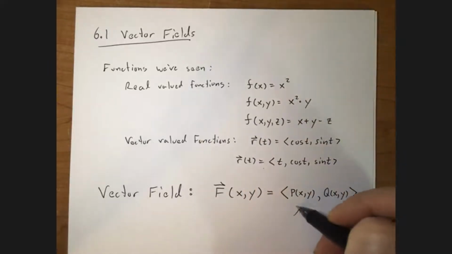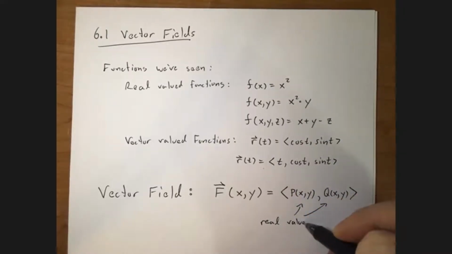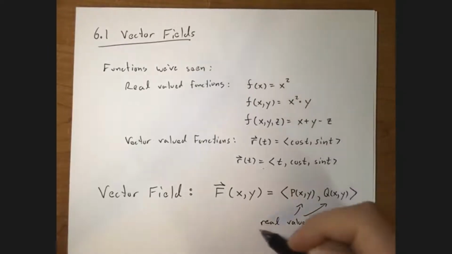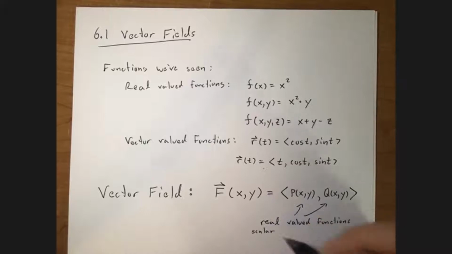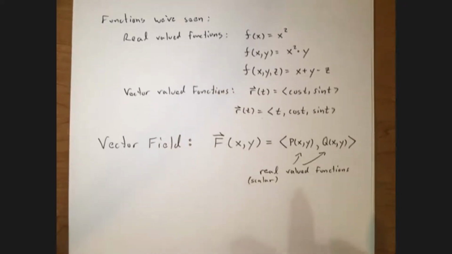So these guys here are real valued functions. Sometimes we write scalar valued functions to be more precise, because its output is a scalar, not a vector. But when you put them next to each other with commas and the vector brackets, that means that the output is actually a vector.